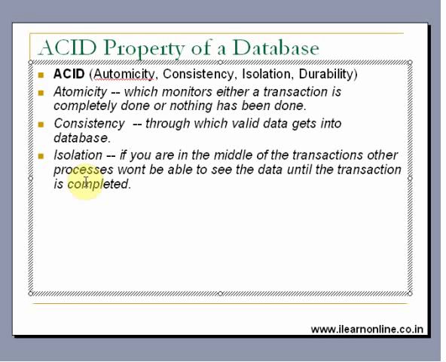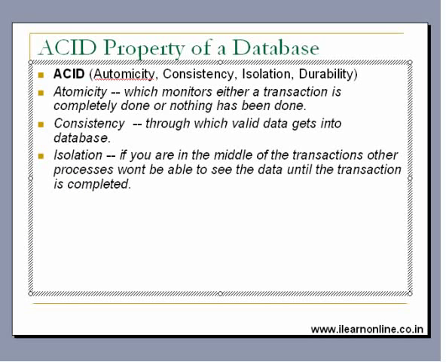As you know, in an RDBMS there are a lot of processes running. So when there is one process changing some data, all the other processes should wait until that process completely modifies the data. Otherwise we should not give data which is not yet committed to the resources requesting that data. That is called isolation.